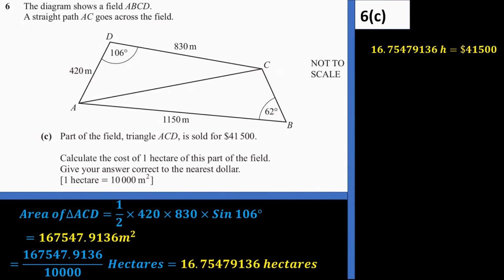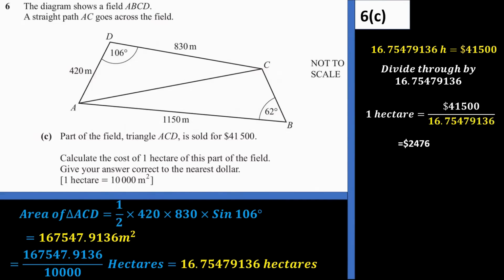So what will be the cost of 1 hectare? That's what we are looking for. If the entire area is sold for $41,500, then to get the cost of 1 hectare we divide by 16.75479136. So 1 hectare is 41,500 divided by 16.75479136, and that gives us 2,476.90.